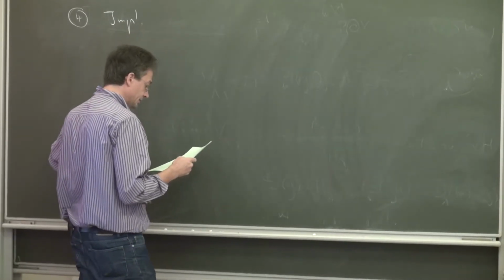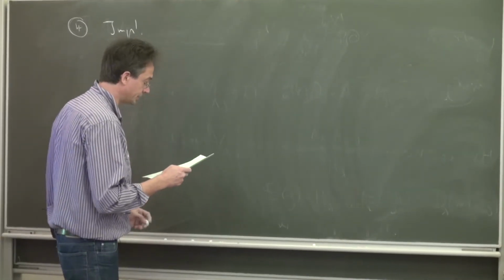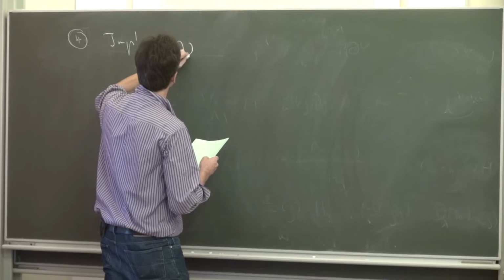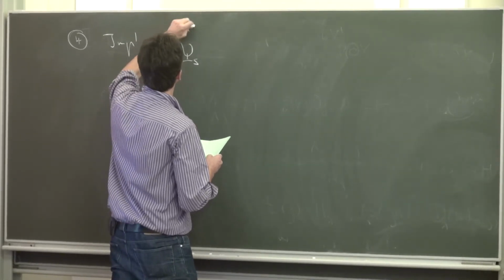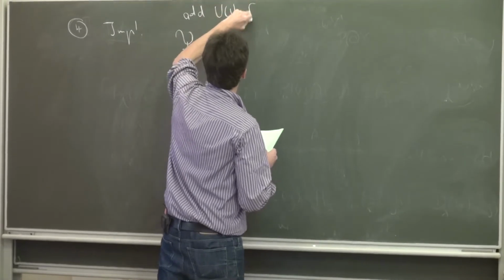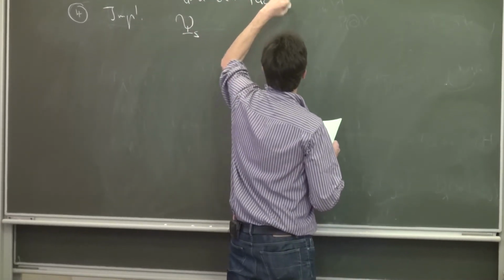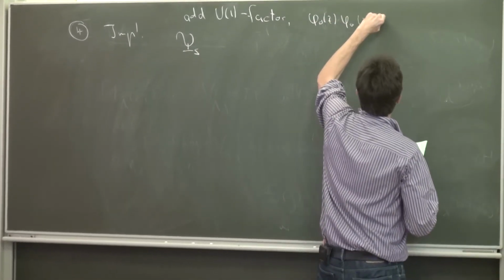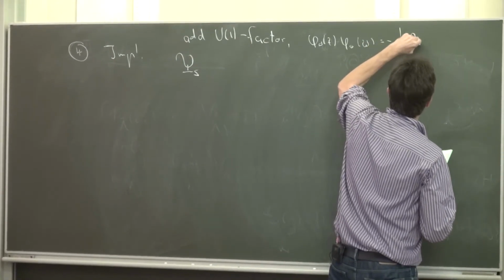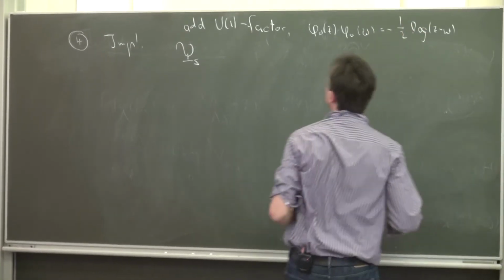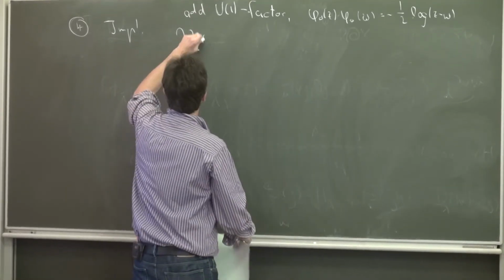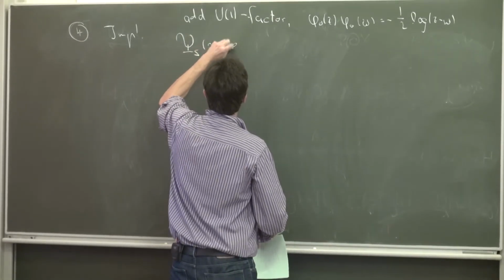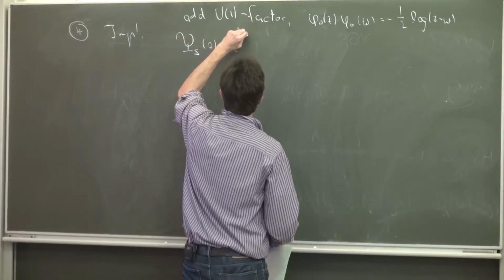What I wanted to say is there's a relatively simple way to get the relation to the Fermionic picture: we simply have to add a U1 factor, some free boson phi 0. And then by multiplying our degenerate fields with these U1 factors, so e to the i, or what was it? Yeah, simply that.